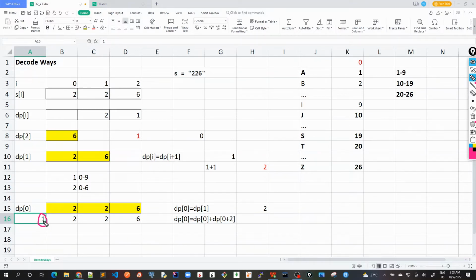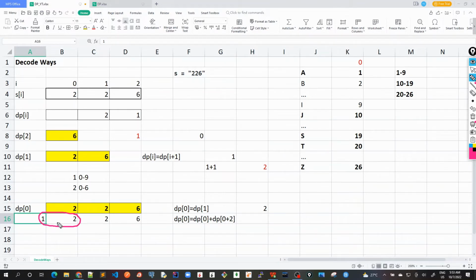So whatever for DP of 0, it would be whatever we have calculated already. And once we take 2 digits together, because the maximum we can take is 2, after taking 1 it would be only 2, because we cannot take 122, 3 digits. It's already outside of range. It can be a maximum of 2 digits at a time.